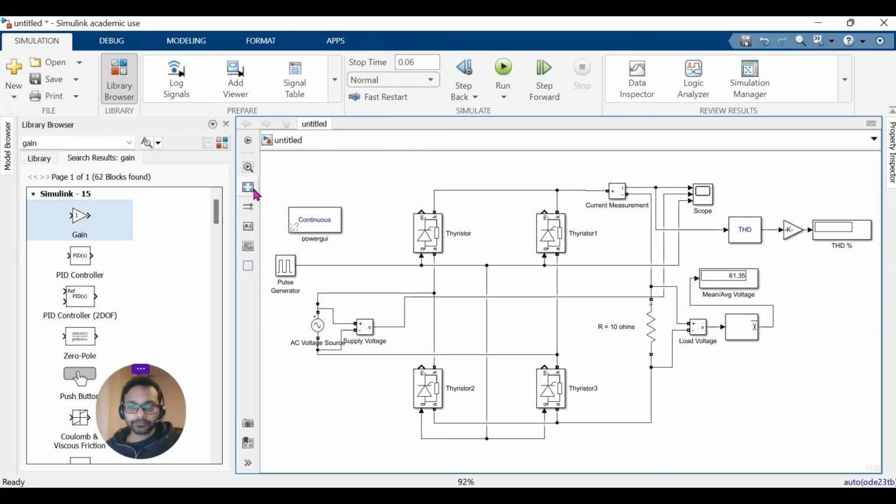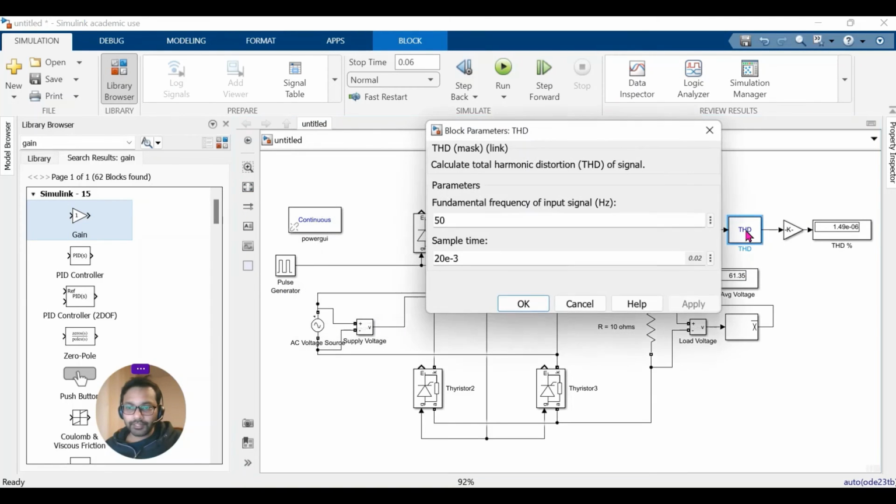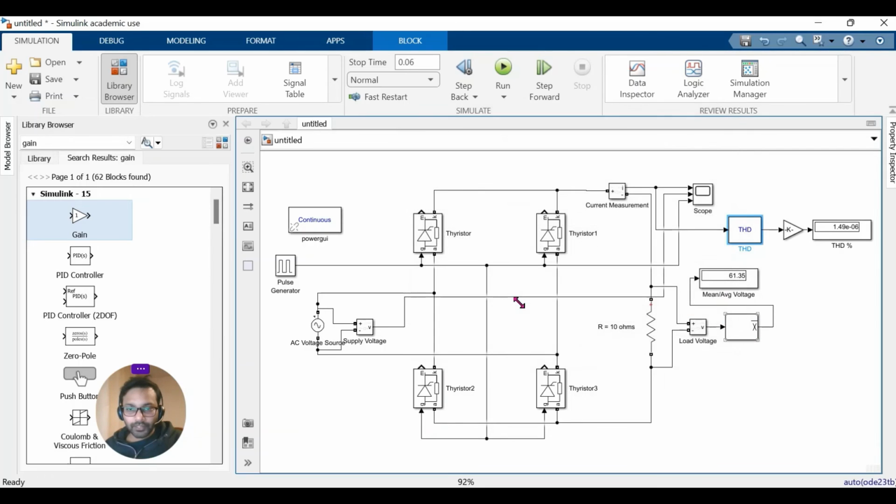Okay, now I have to change the fundamental frequency to 100 hertz. Okay, so for full wave rectifier circuit, the fundamental frequency should be 100.